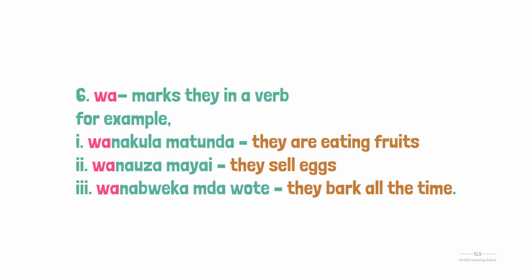When you introduce yourself or construct a sentence in Swahili, it is very important to be aware of these subject markers, because without them you will not be able to construct a correct sentence. They make it possible for people to understand who is talking in that sentence, who is the subject of that sentence.